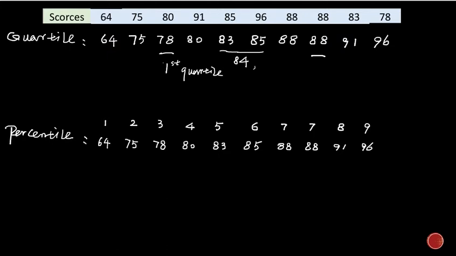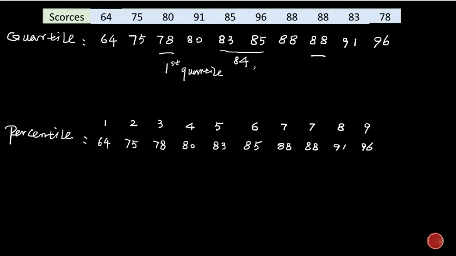The first boundary is the first quartile. It is number 78. The second boundary is referred to as the second quartile. The value is 84. The third quartile is 88.